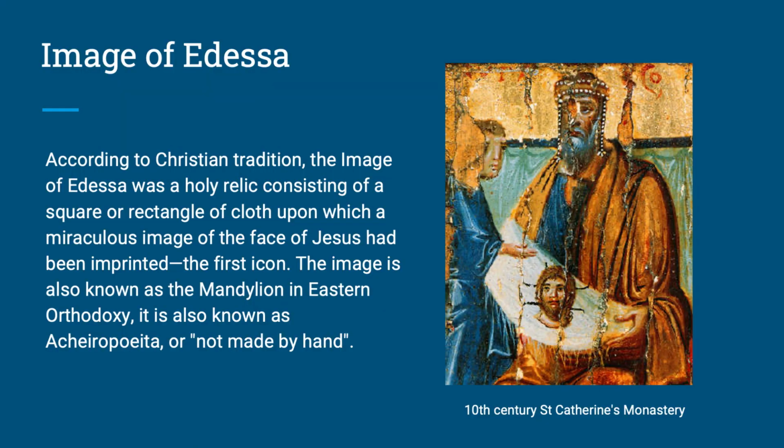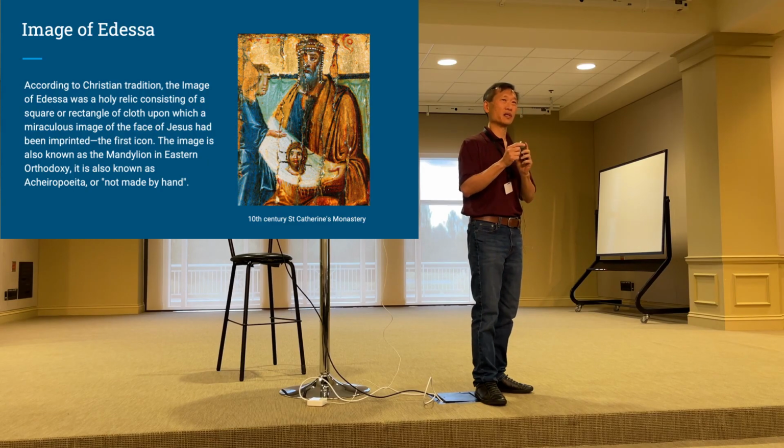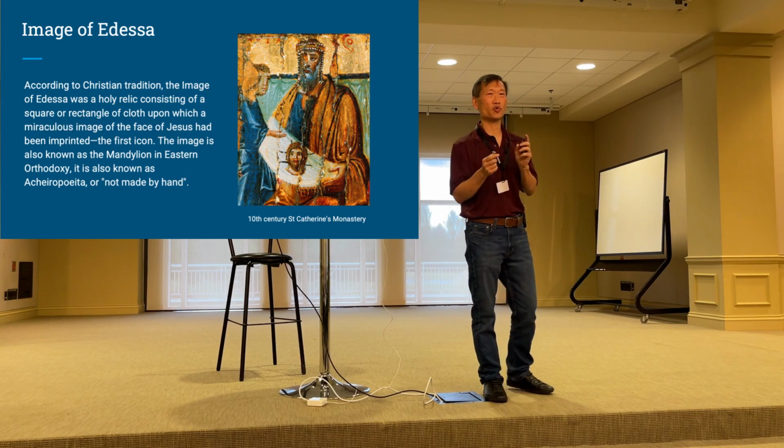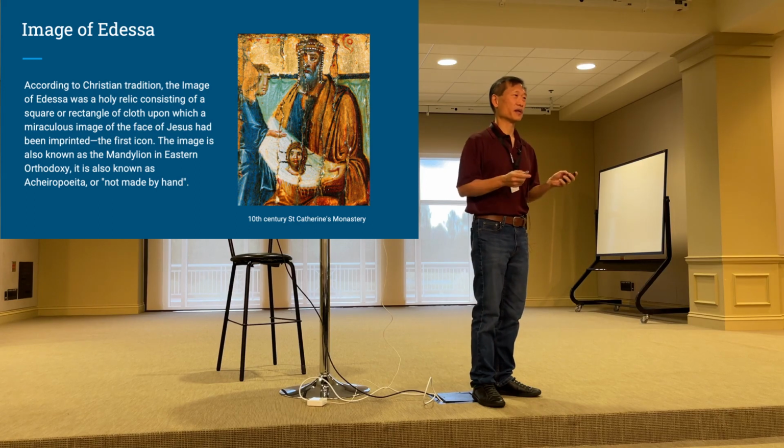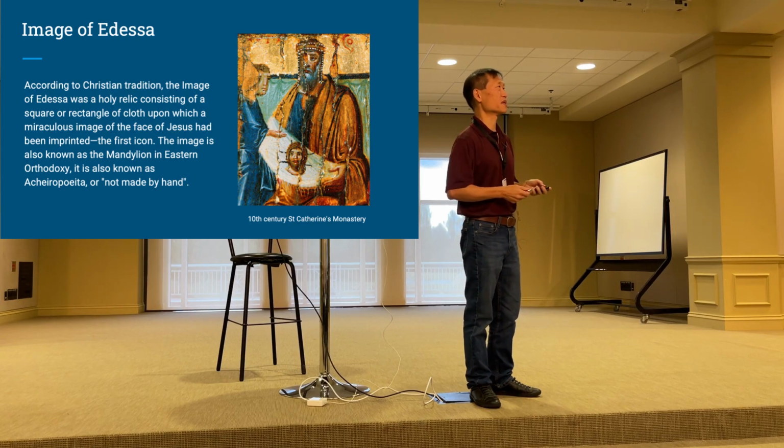The image of Edessa is something that art historians all accept in existence, but it is claimed by Ian Wilson that the image of Edessa and the Shroud of Turin is the same thing. And some dispute that, but I think it's pretty convincing that it's similar. Actually, the same thing.